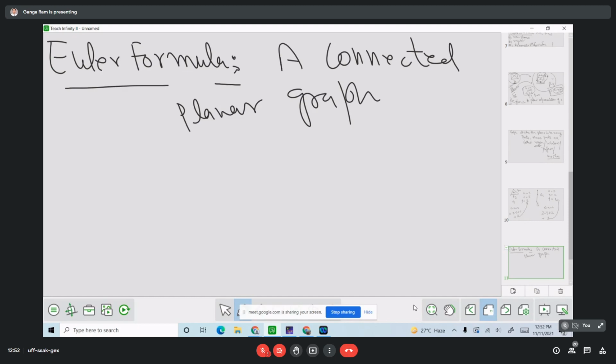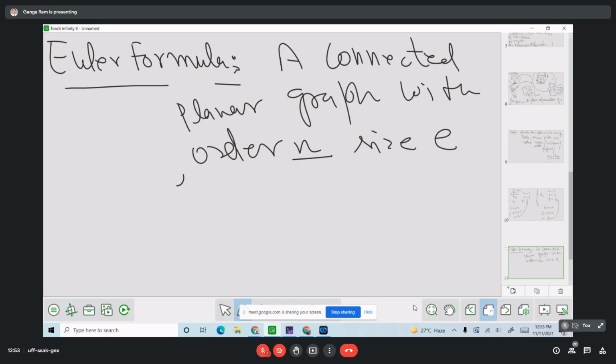A connected planar graph with order n, size e, has e minus n plus 2 regions.